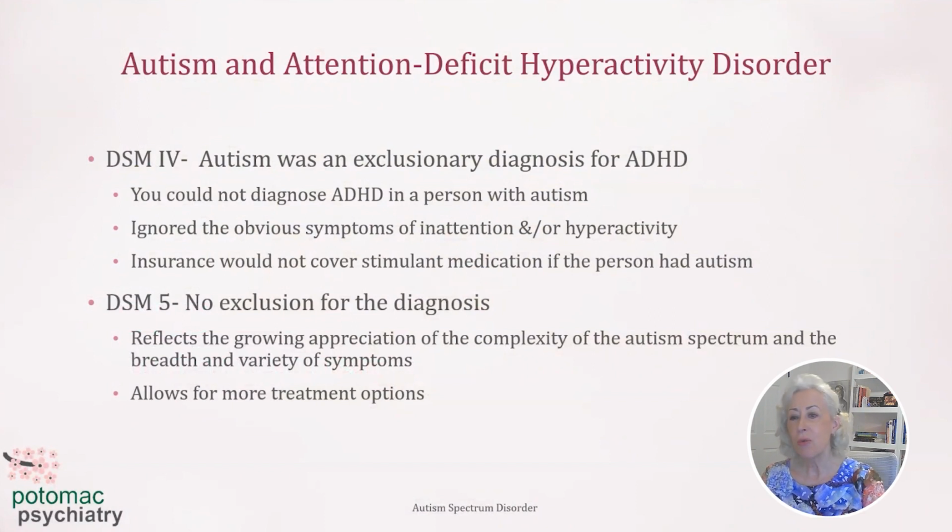The most recent revision of the Diagnostic and Statistical Manual does allow for both diagnoses, which reflects the growing appreciation of the complexity of the autism spectrum and the possibility for coexistence with other conditions, particularly ADHD and anxiety. And it allows for more treatment options, which we suddenly need.